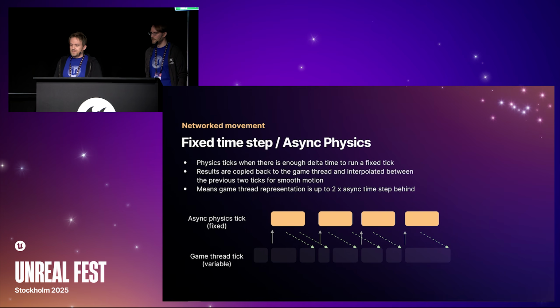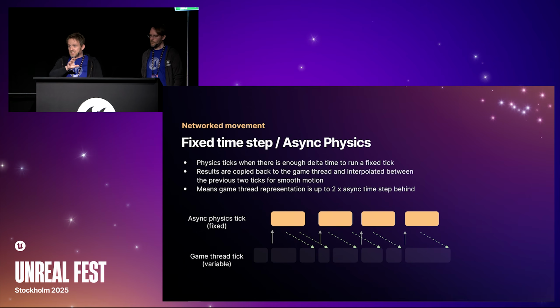to the game thread. But we can't set that physics result directly onto the game, just the latest physics result, because if we did, the game thread could keep ticking, and there could be like 1 or 2 ticks before you get the next physics result, and so on. So you could get a stuttered motion of your character. So we actually need to interpolate the result from the previous 2 physics ticks.